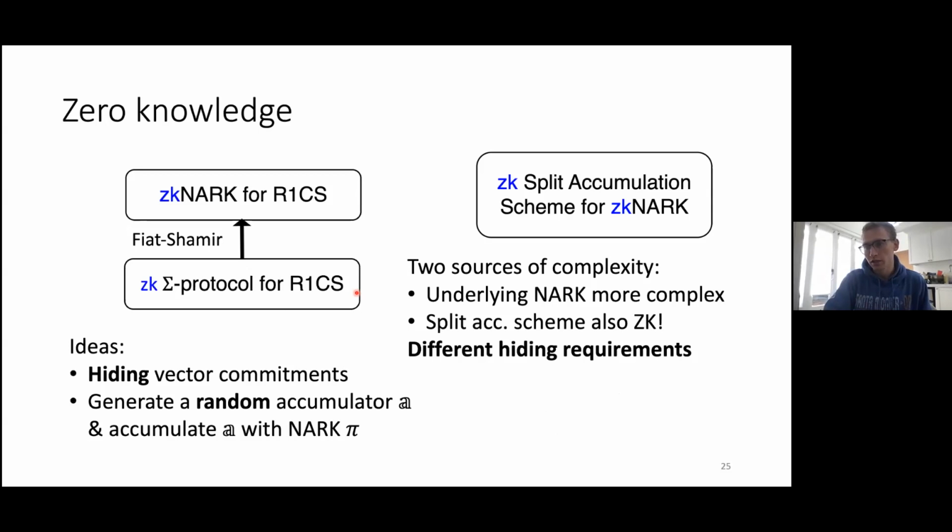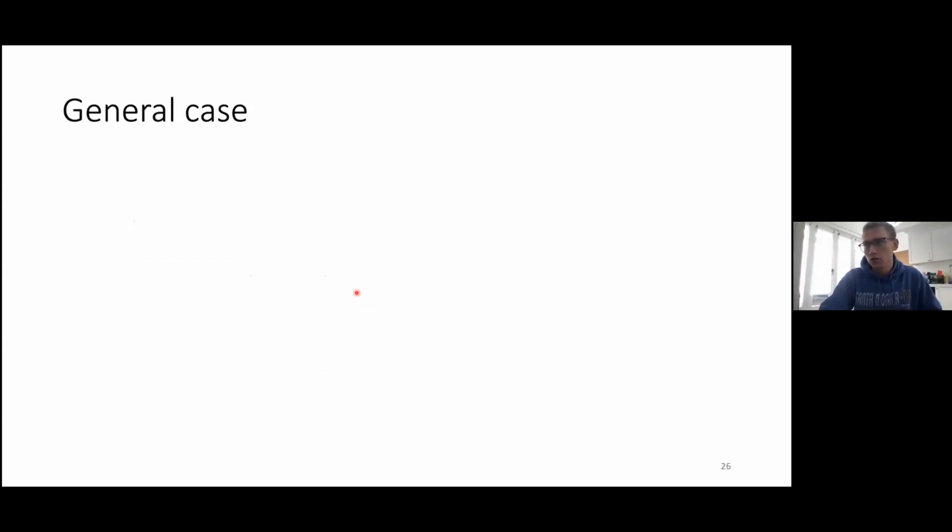And we also still have the specialized protocol. If you look at the previous protocol, it was only a protocol for accumulating one accumulator and one predicate input. We can make this zero knowledge in a specialized protocol, and we also apply this for the general case.